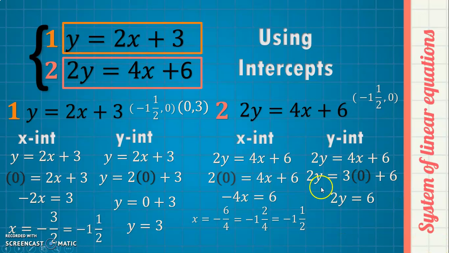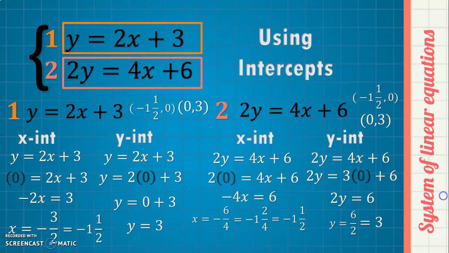As you can see on here, I need to move my 2 to the other side because my 2 is multiplying my y, so I need to leave my y completely alone, and I move it. Now I have y equals 6 over 2. And I can simplify this, and 6 over 2 is just the same as having 3.